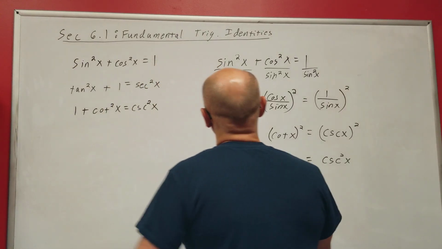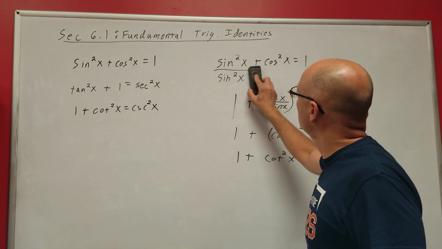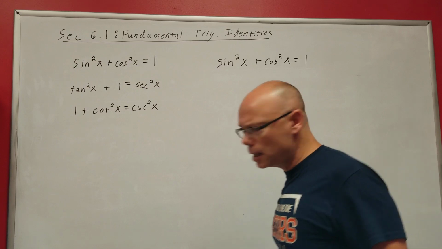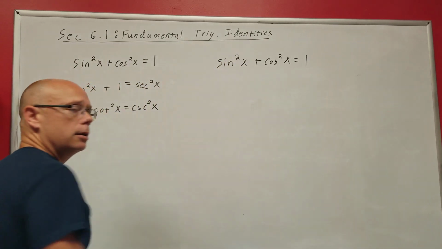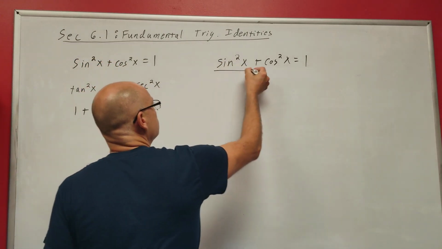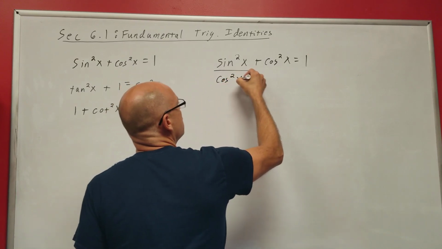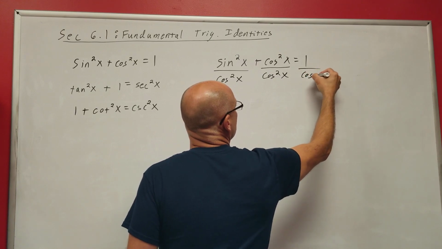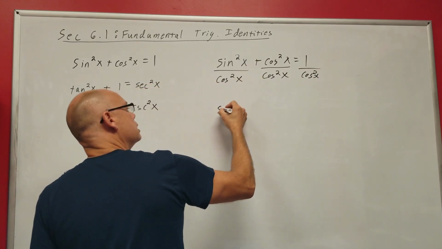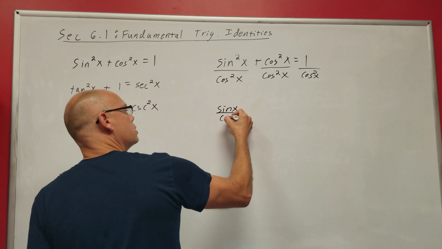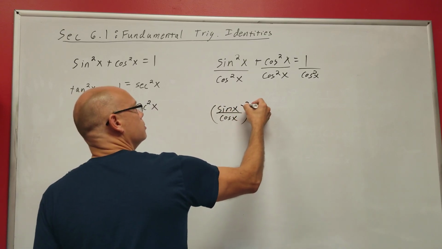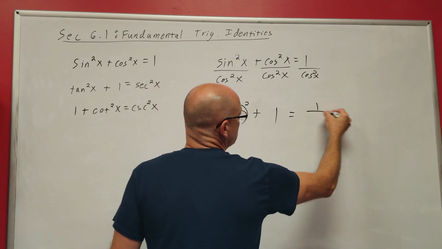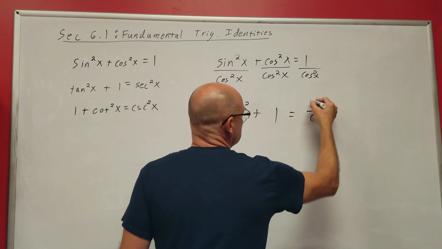All right, how about the other one? Well, let's start out with sine squared plus cosine squared is equal to 1. And this time, let's divide both sides, or each term, by the cosine of x squared. So if I divide by the cosine of x squared, I can rewrite this as the sine of x over cosine of x, squared, plus, well, that just gives me 1, right? It's equal to 1 over cosine of x squared.